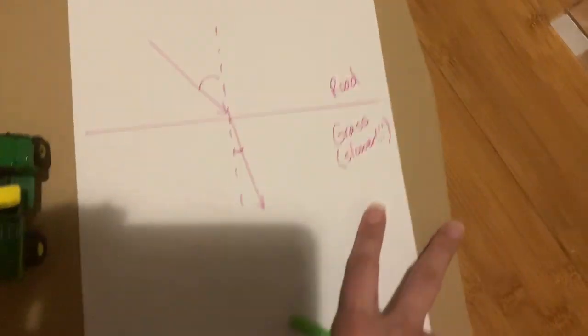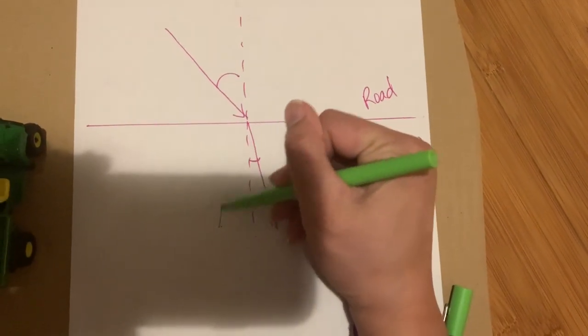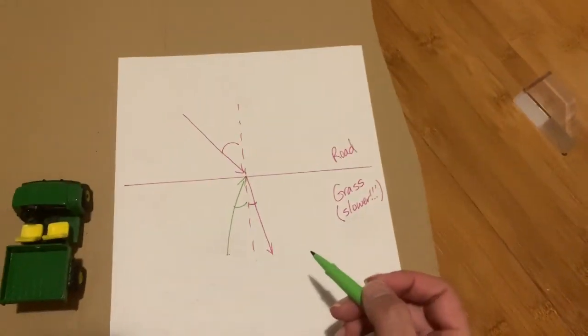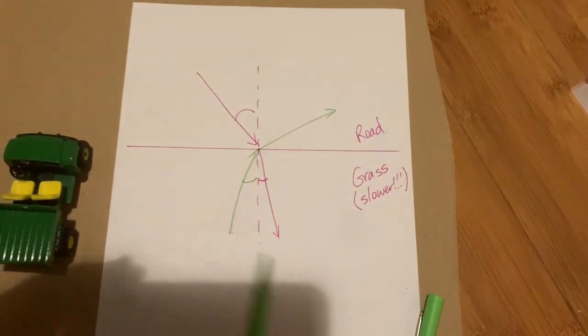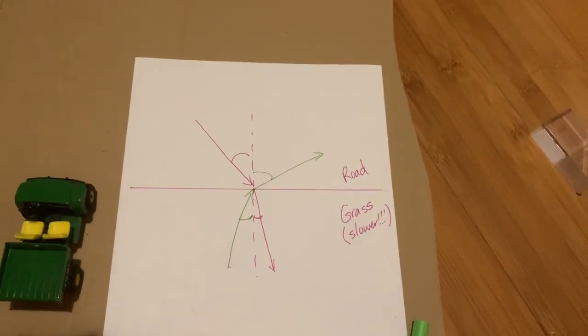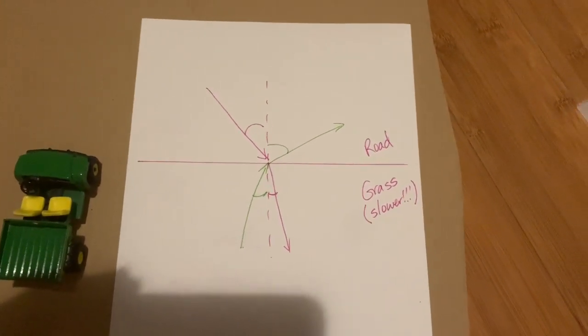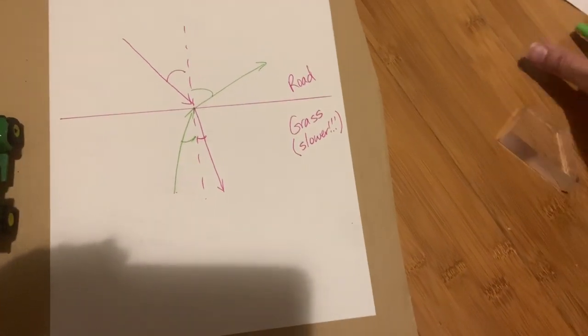So if we were to instead start in a slower material, like this, imagine that's a straight line, then it would deflect even further away. And all of this is because of a change in speed. Now, we know exactly how much these things are going to deflect based on the material.